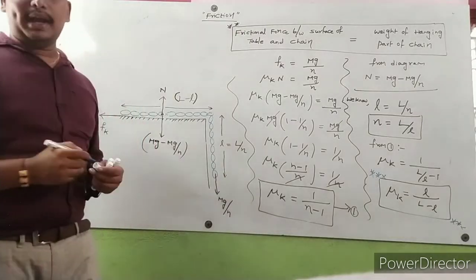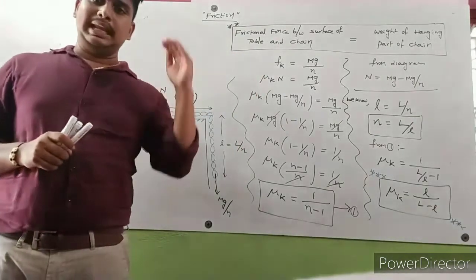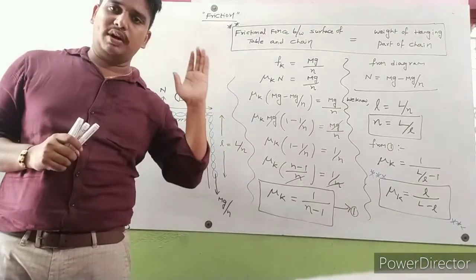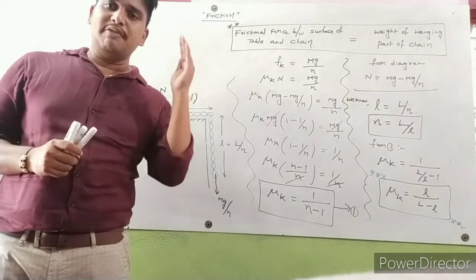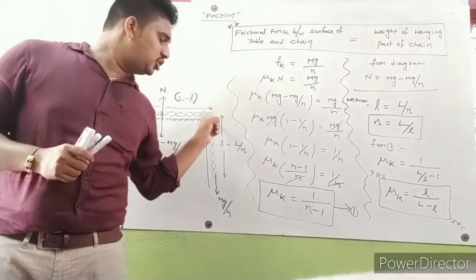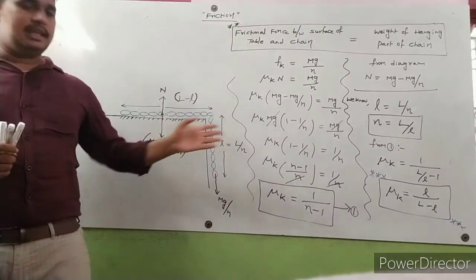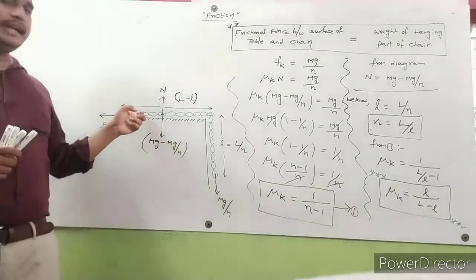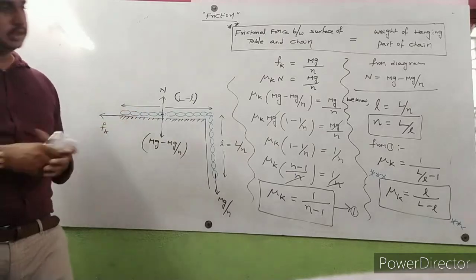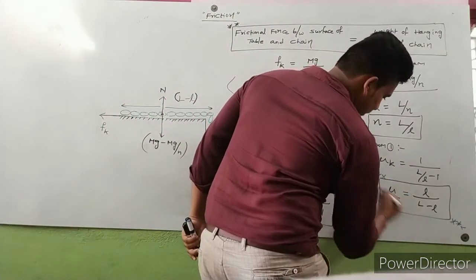So for a uniform chain of mass M and length L placed on a rough horizontal table, if 1 by nth portion of the length is hanging at the edge of the table, then for the coefficient, this is not in motion now, so that's why we take mu s.